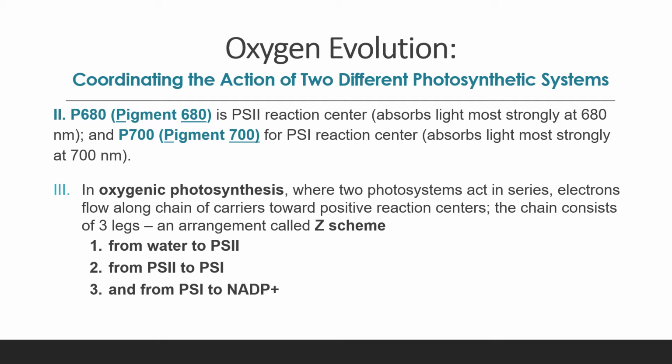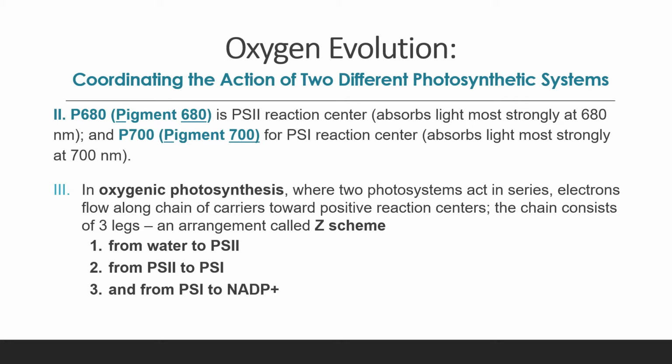Basically, this P680 absorbs light most strongly at around 680 nanometers. Okay? And P700 or pigment 700 is for the PS1 reaction center, which absorbs light most strongly at 700 nanometers. Okay?